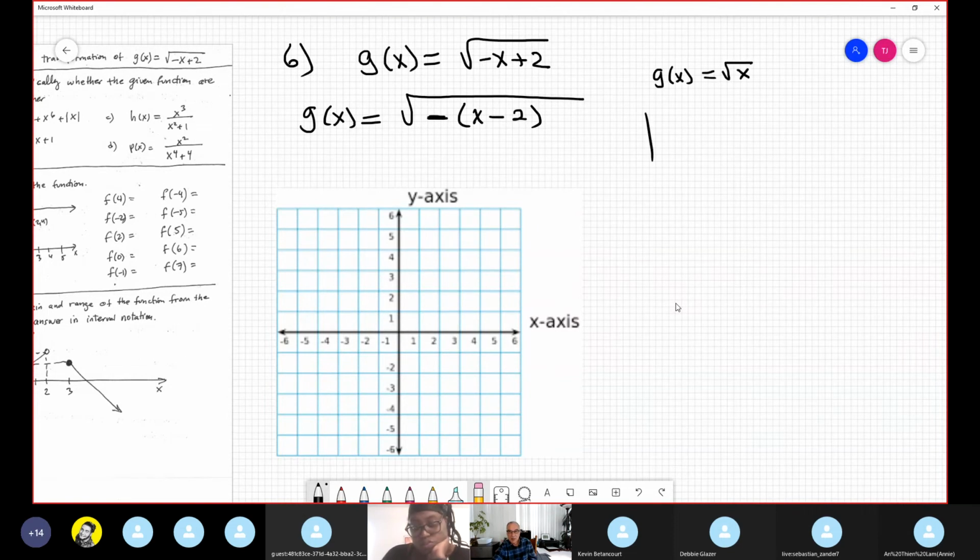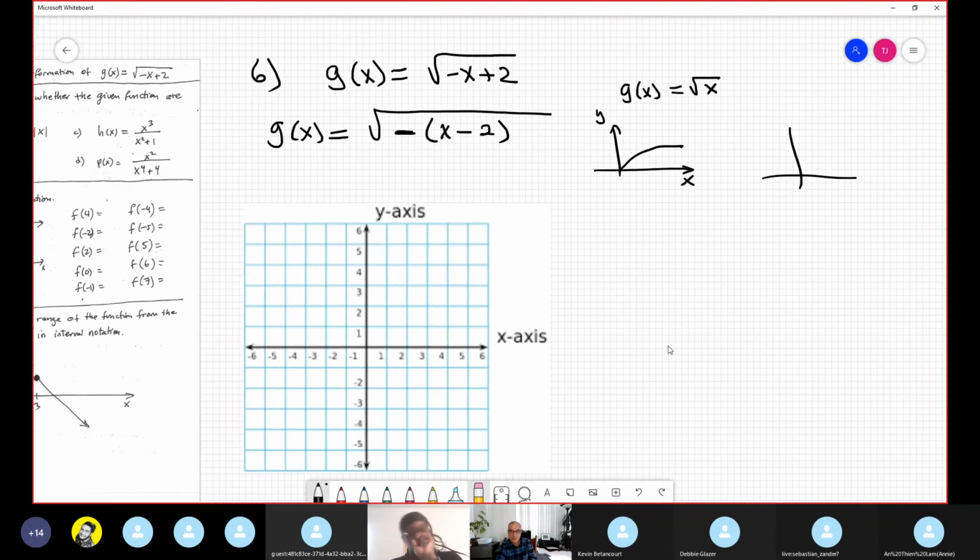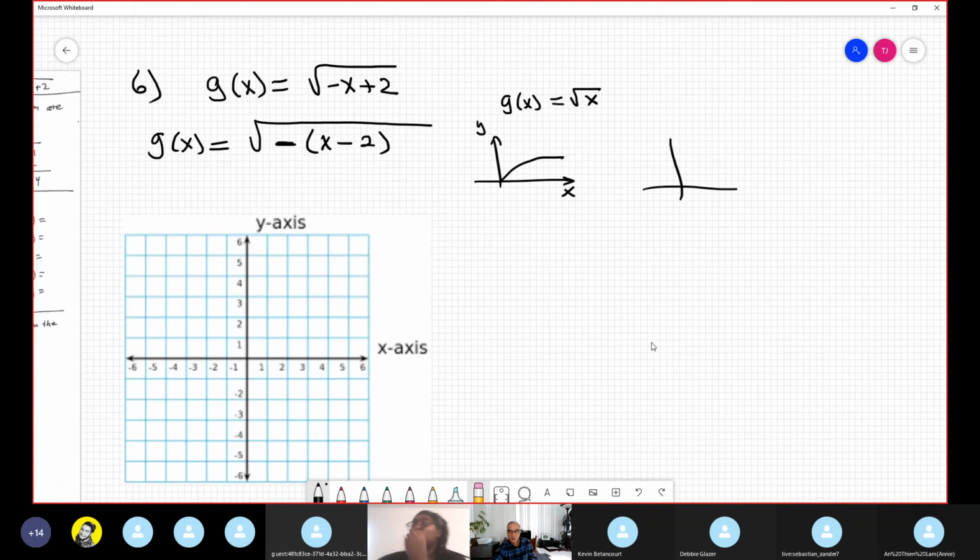The square root function, I know, looks like that. The first thing I see is one negative inside the radical. So if you understand this idea, look, this is minus x. This is square root of minus x. This is a reflection, but a reflection about the y-axis.